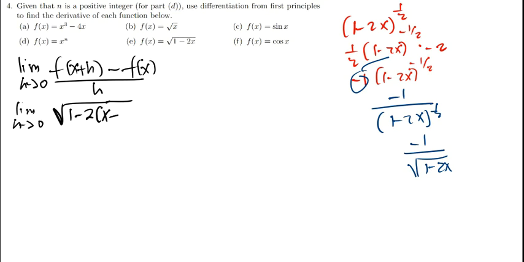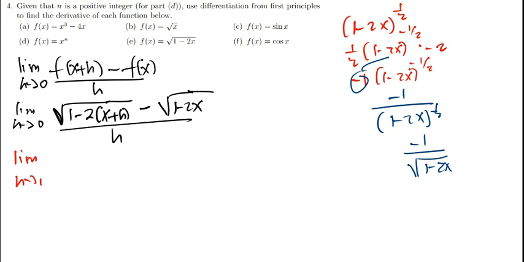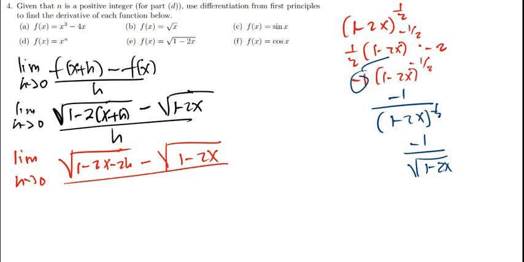Where there is x, that's where you put x plus h, minus the original function. Divide that by h. So limit as h goes to 0, if I factor out, it will be like that, minus that, divided by h.